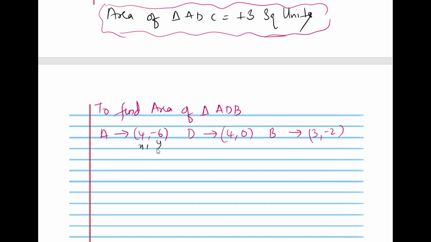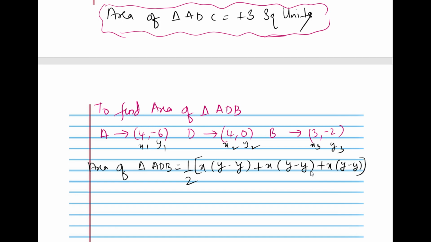Consider it as x1, y1, x2, y2, x3, y3. Now area of triangle ADB equals half into x1(y2 minus y3) plus x2(y3 minus y1) plus x3(y1 minus y2).